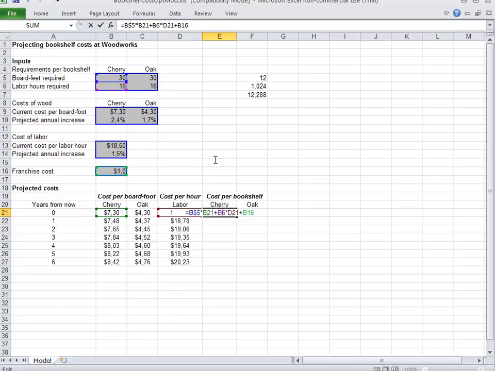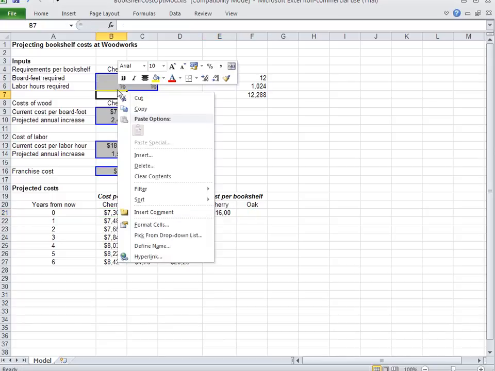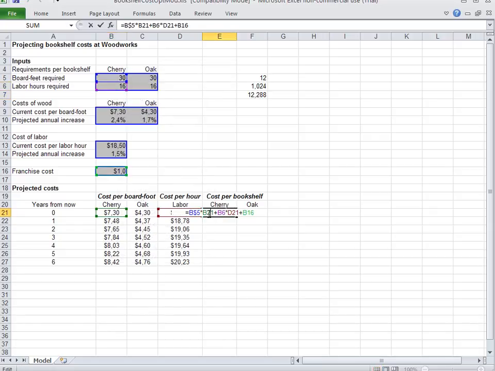We want B6 to move to the left and to the right, but we don't want it to move up and down when we copy to the next years. So we press F4 one more time until we have B$6.